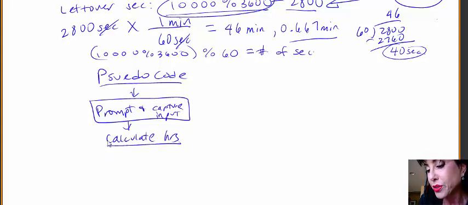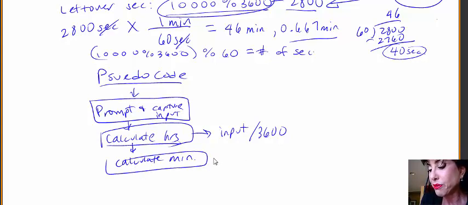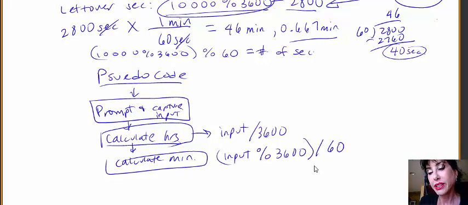And we found that we can do that calculation by taking the input and doing integer division, dividing it by 3,600. Then we're going to calculate the minutes, and we found that the minutes could be found by taking that input mod 3,600, so that was the remainder, which was leftover seconds, and we divided that by 60, and that gave us the number of whole minutes that we needed for this.